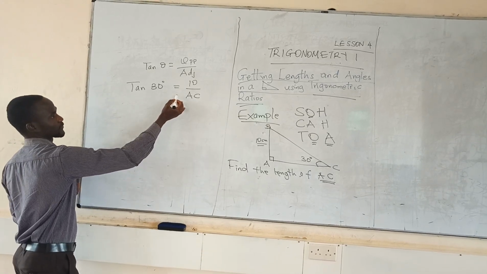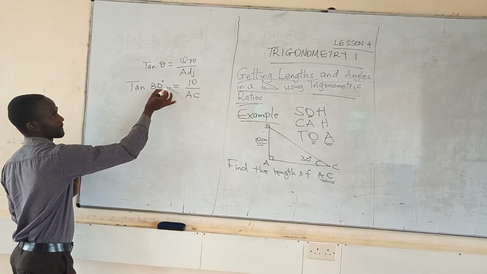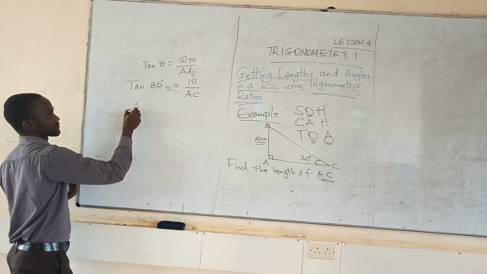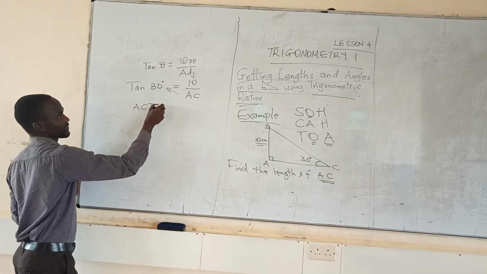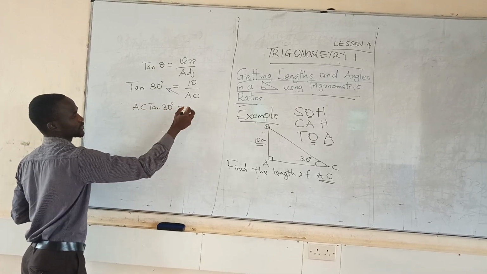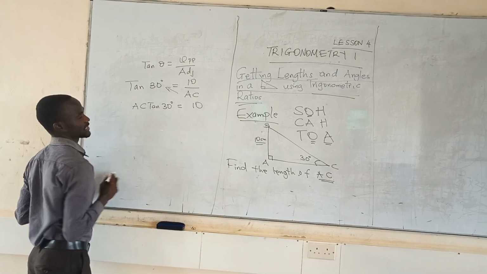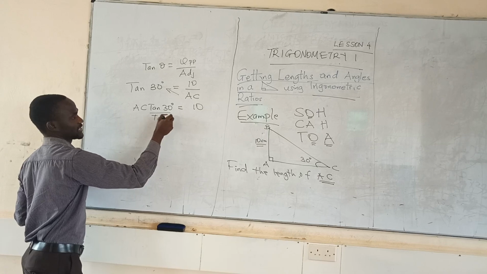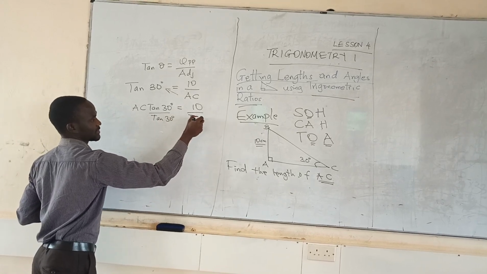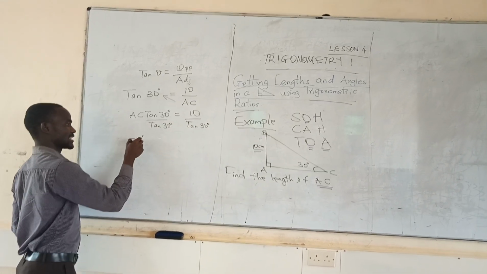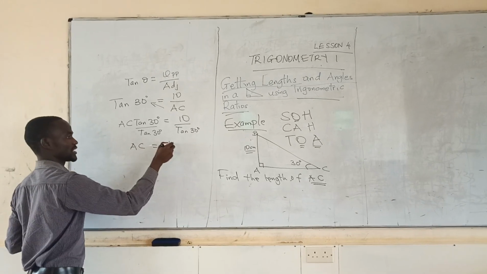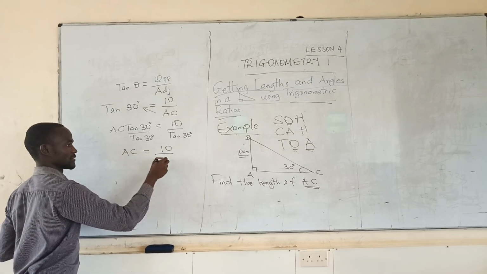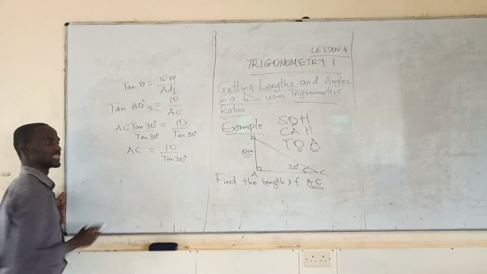If we cross multiply, we'll have AC tan 30 degrees is equal to 10. So we divide by tan 30 degrees on both sides. So we'll say AC is equal to 10 over tan 30 degrees.